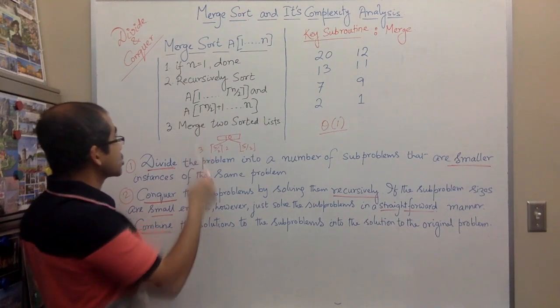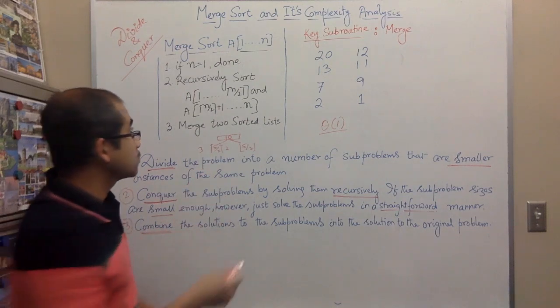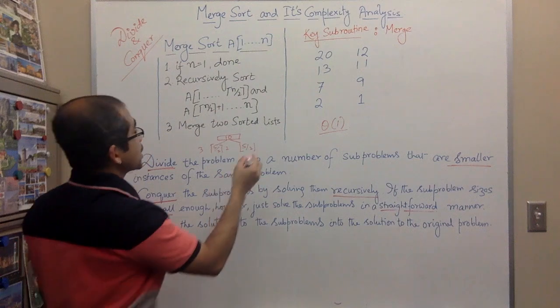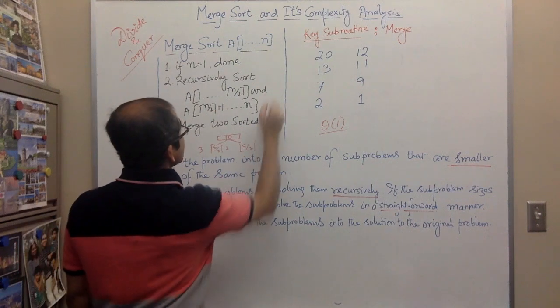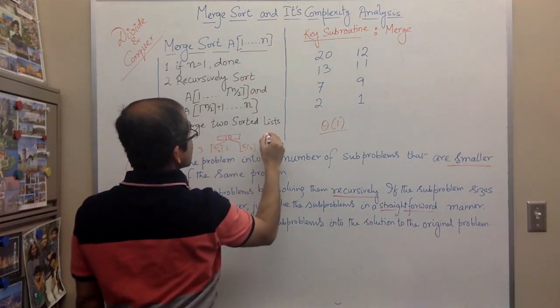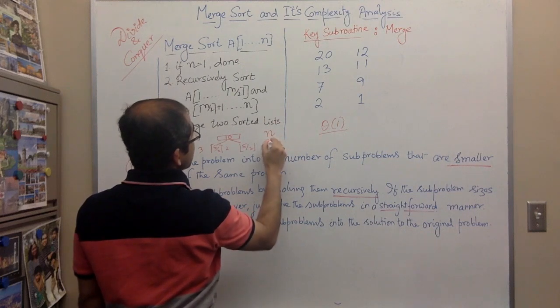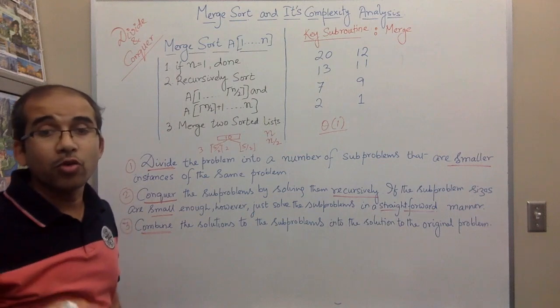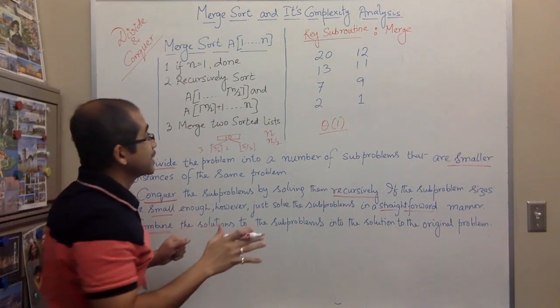So in merge sort, every time we divide the input size by 2, n by 2. Initially, suppose the size of the input array was n. Next time the input array size will be n by 2. We can just ignore the floor and ceiling for the sake of simplicity.